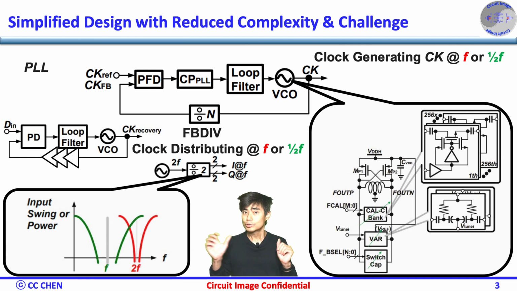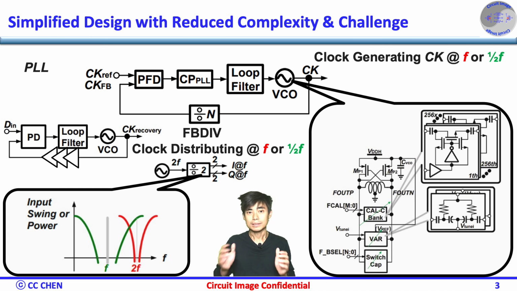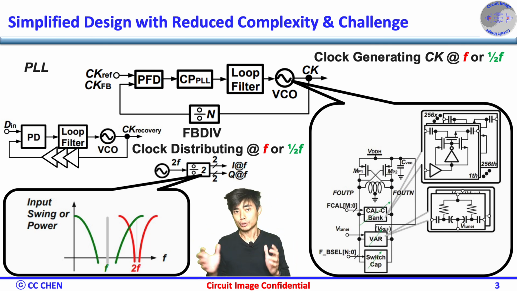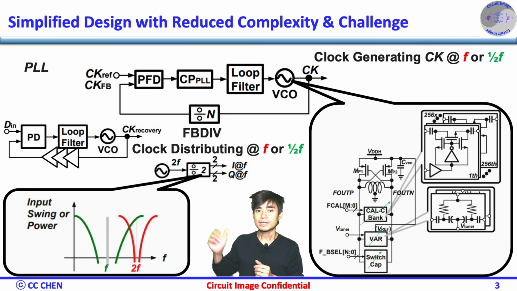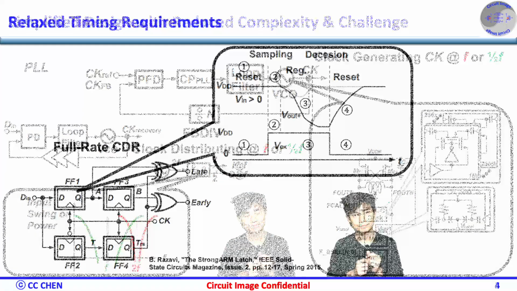Keeping these critical blocks operating at a lower frequency makes their design and implementation more manageable. This can lead to a more robust and reliable system, especially in high-speed communication links.